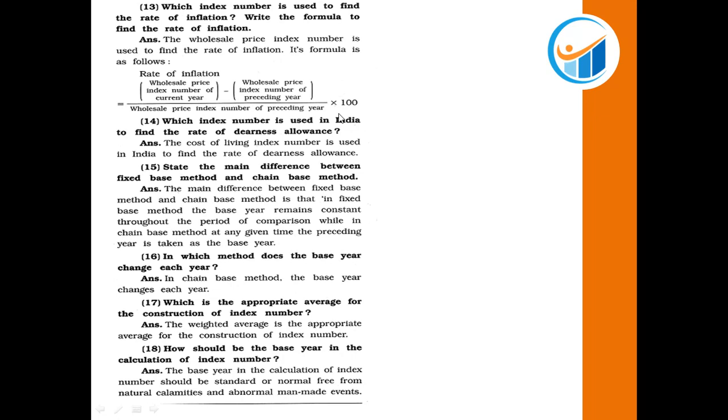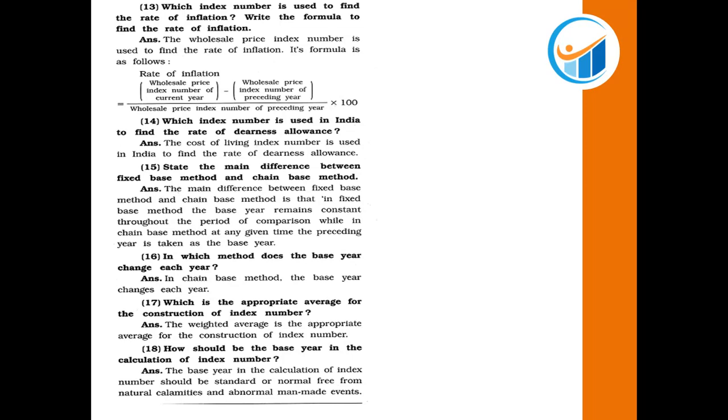In short, you can say: index number of current year minus index number of preceding year, divided by index number of preceding year, into 100. Or instead of preceding year you can use the word previous year. So current year minus previous year divided by previous year, into 100, will give you the answer. So this was our question number 13.